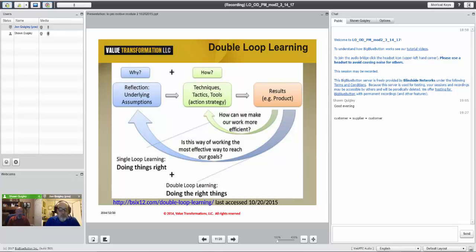What I would recommend everybody does is Google Lewin and read a couple of his papers on how he started off with loop learning, single loop learning, double loop learning, and the process where he said it's actually an infinite number of loops so you can always develop.